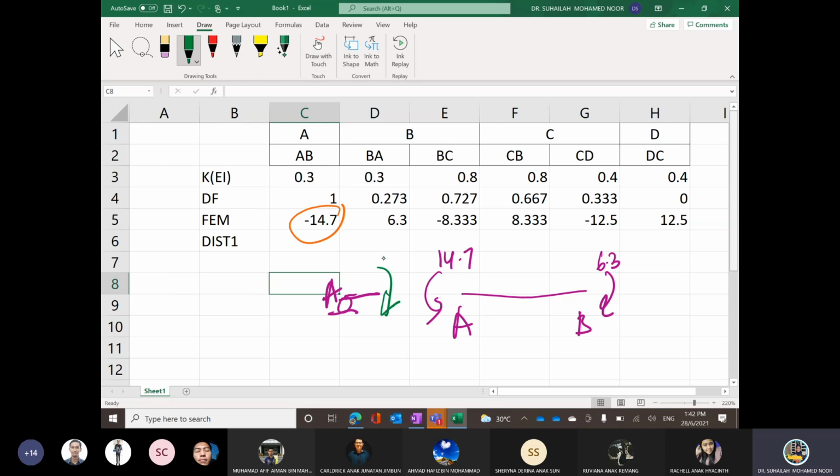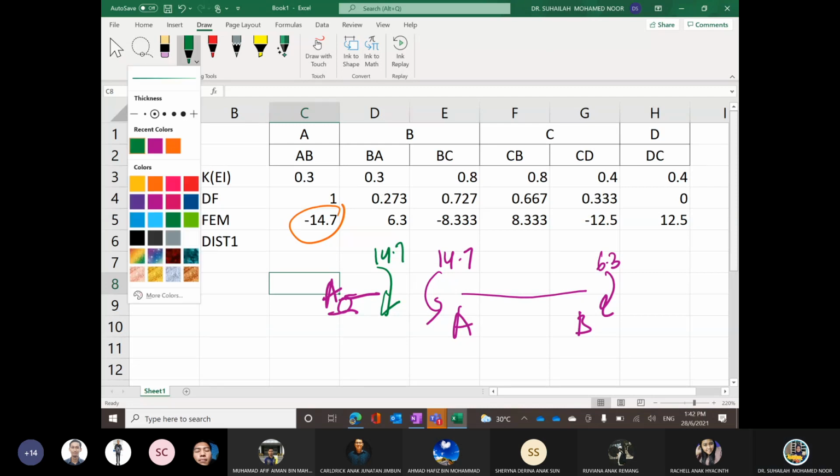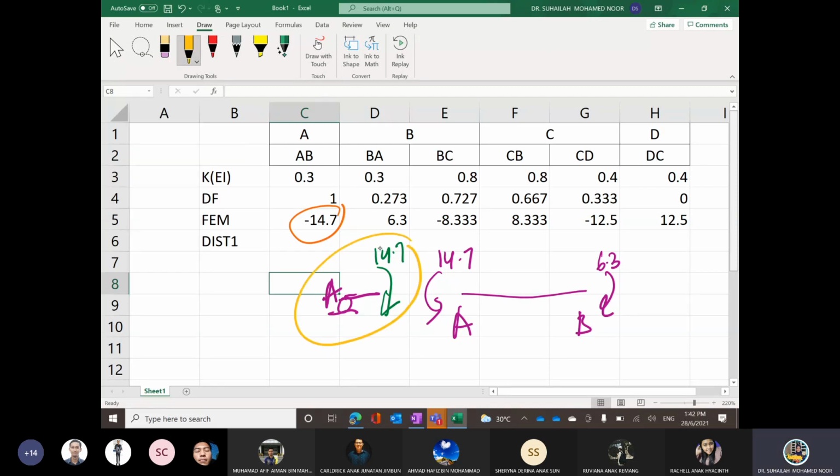This is also 14.7, right? This is joint. This one is joint. This is member.